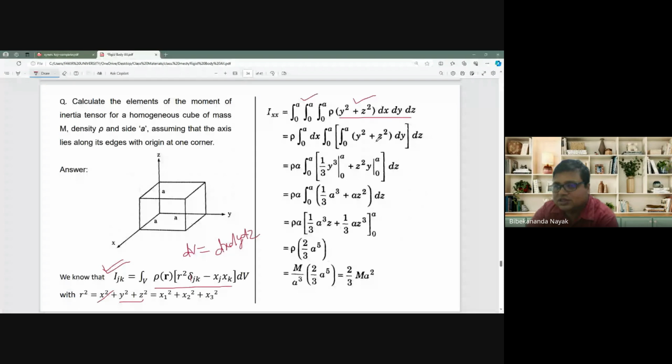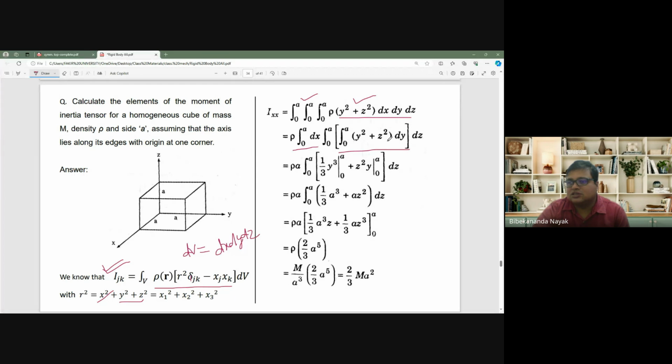The integration is very easy. There is no x in the integrand, so you separate the x integral. Let's first integrate with respect to z: dz integrates to z cubed by 3.